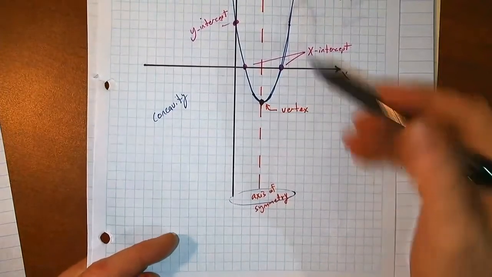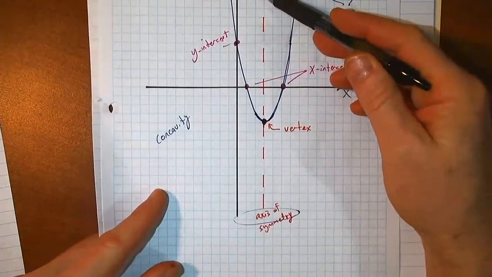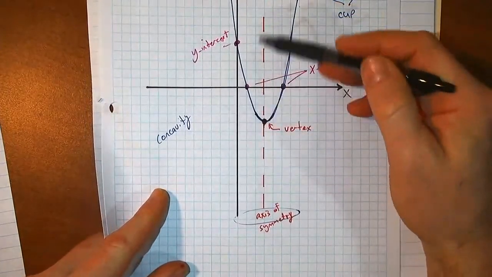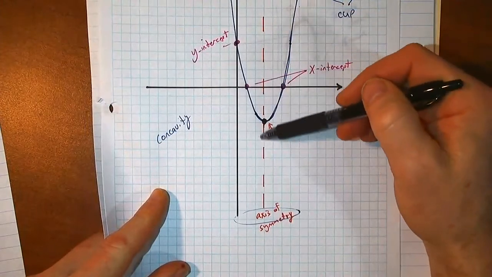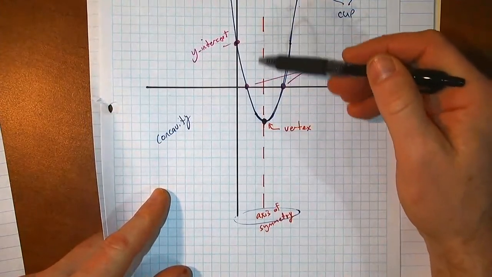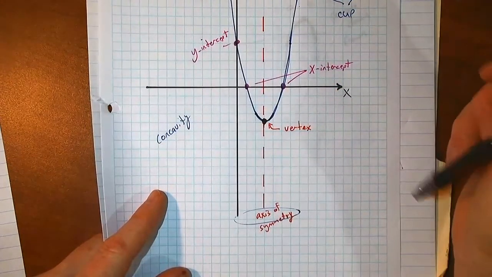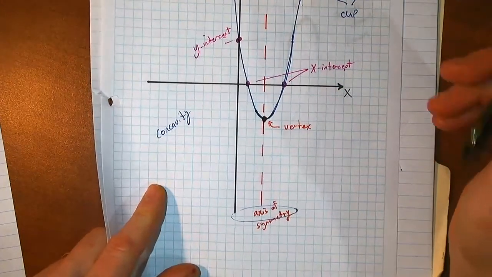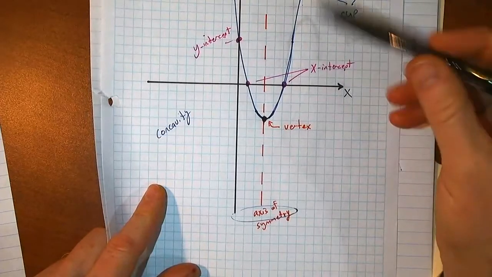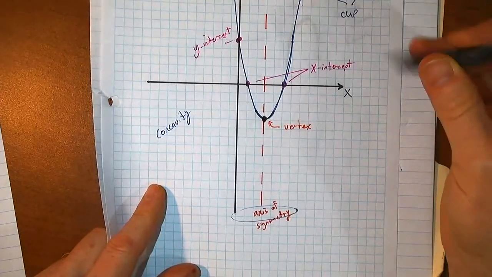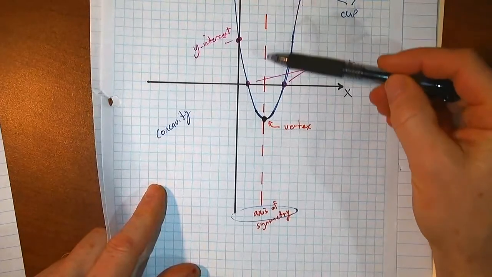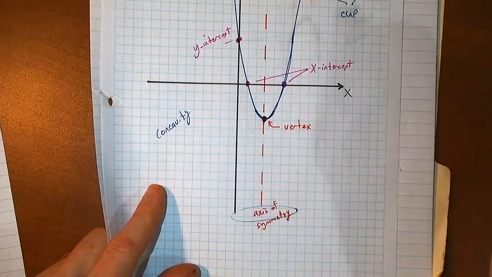Now, think about this for just a second. If the axis of symmetry is a vertical line, remember from our previous unit on vertical and horizontal lines, what do the equations of vertical lines look like? Maybe pause the video for a second and think about that. Once you've got an answer, you can resume the video. What does the equation of a vertical line look like?